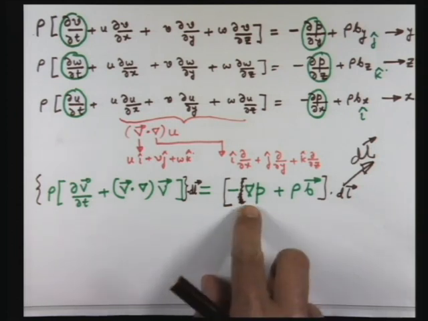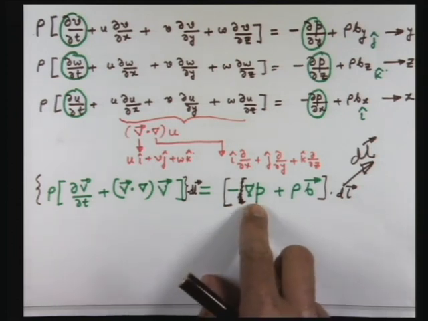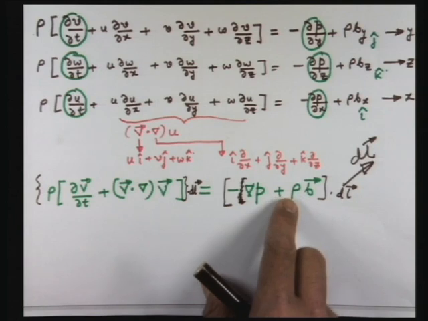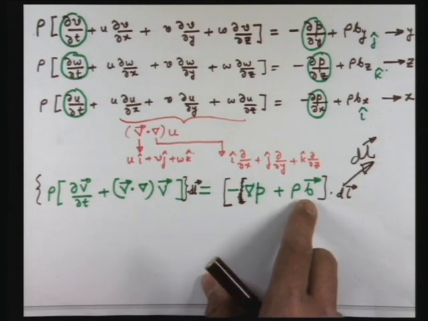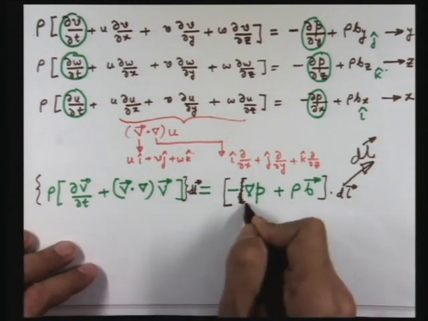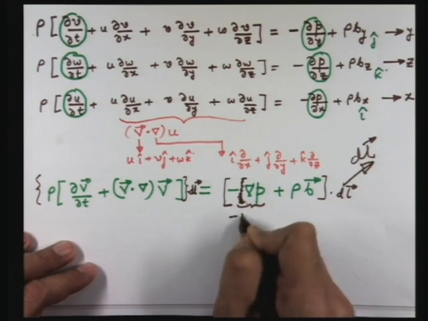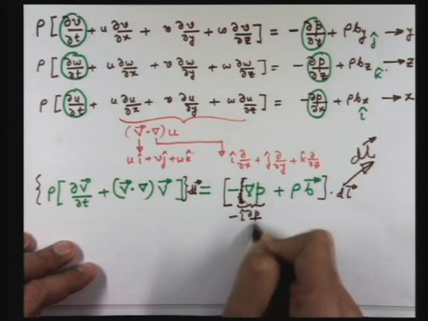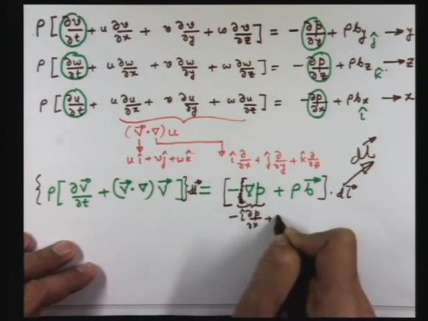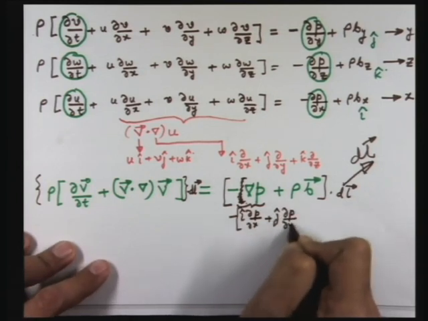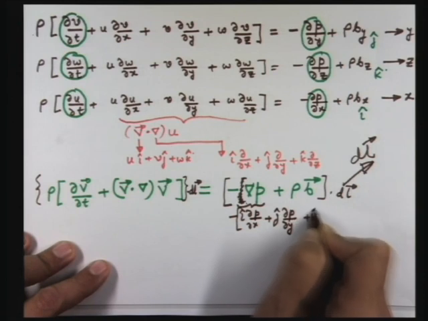See, what is grad p? i del p del x plus j del p del y plus k del p del z, right? So let us write it including the minus sign. i del p del x plus j del p del y plus k del p del z.